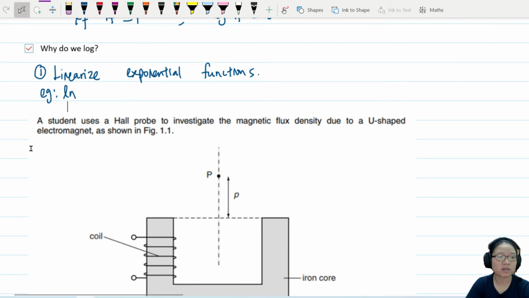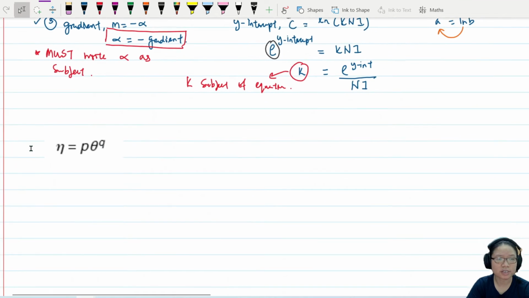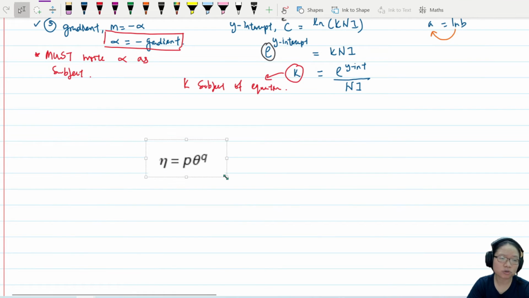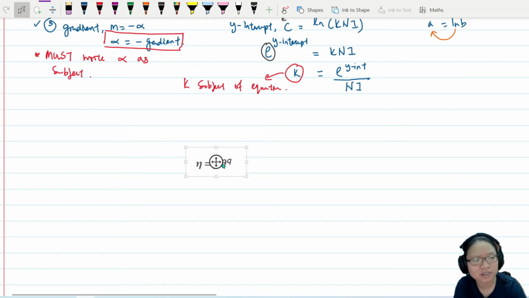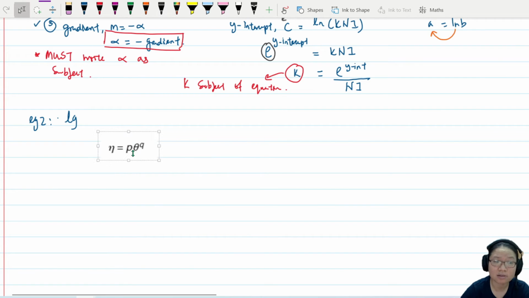We've done this example where we use ln. Now I'm going to give you another example where we will use log, which is this equation, which is also the question paper that we will discuss at the end of this video series. So example 2, when do we use log? We use log when the question tells us to, or when the format looks like this.